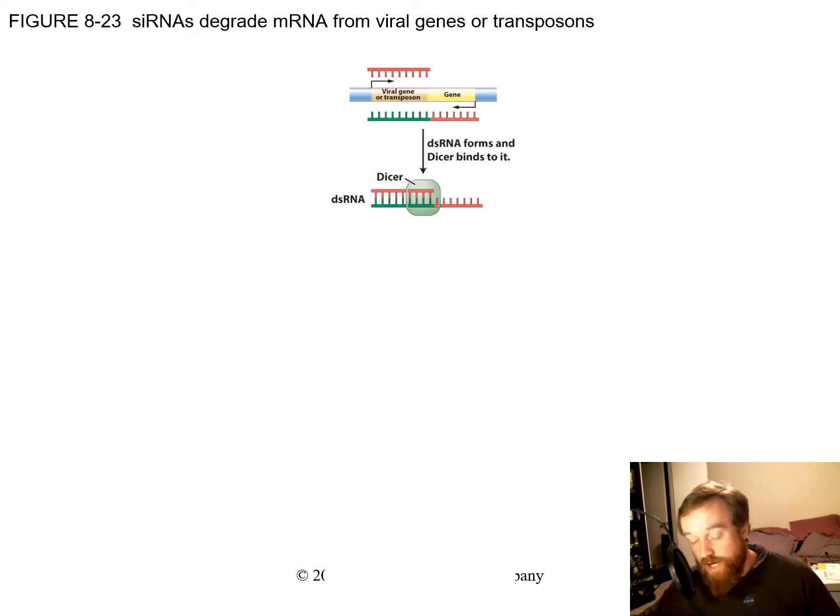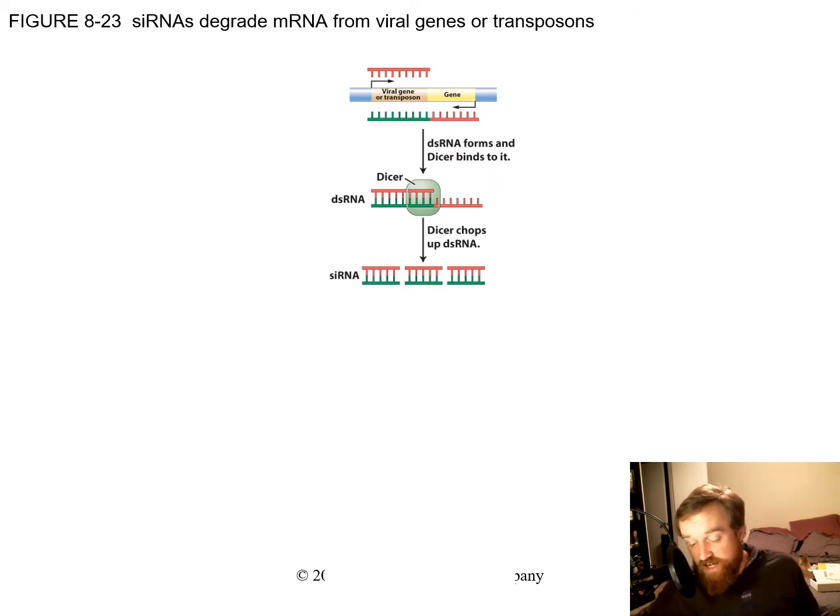Now, when you have these two complementary strands of mRNA, that will lead to the formation of double-stranded RNA. And so, again, just like in the previous example, that recruits dicer, which is an enzyme that is specifically there to break down this double-stranded RNA.